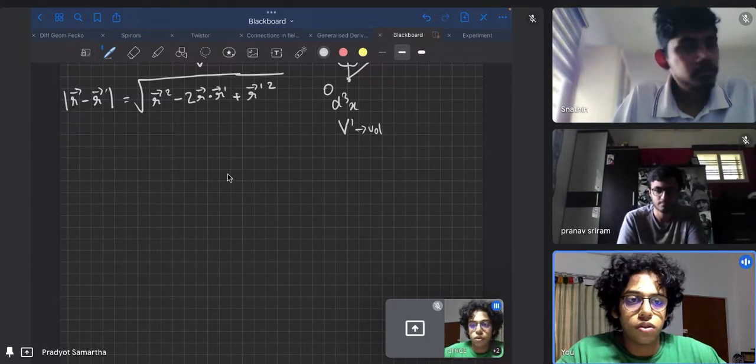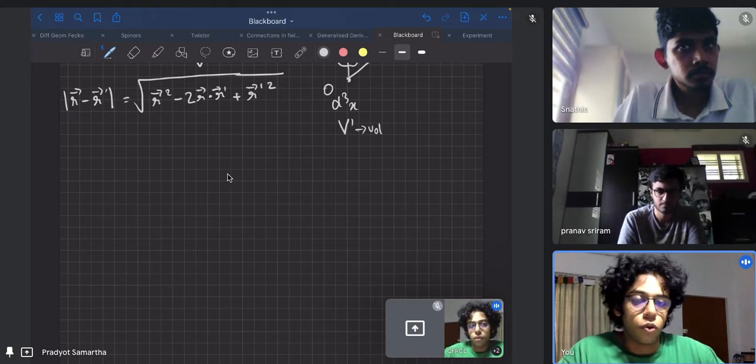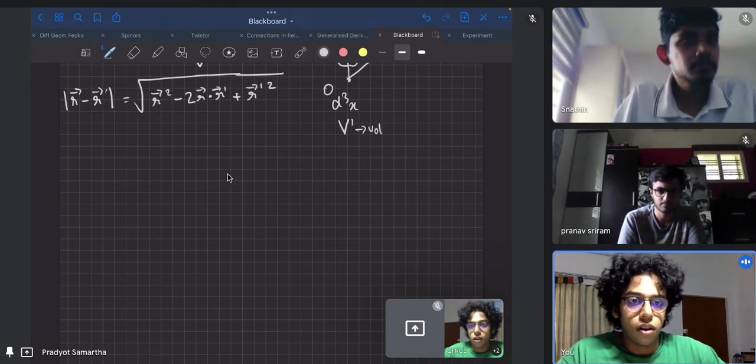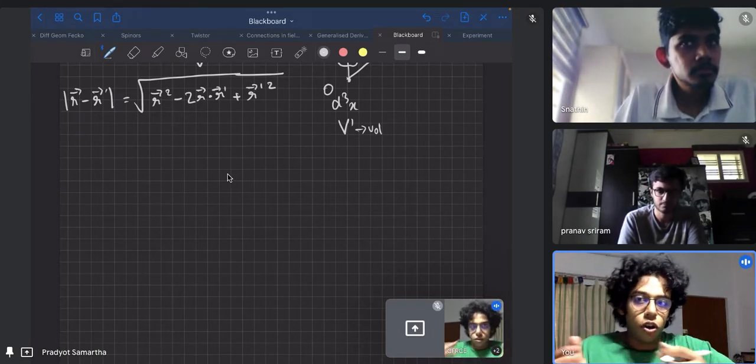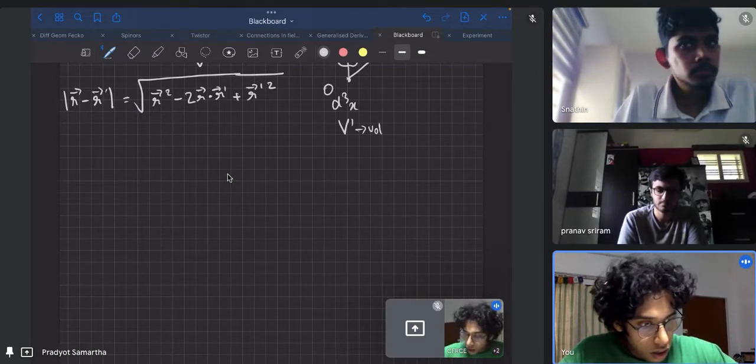So this is basically the square root of r minus r prime, the whole square, which is the modulus.